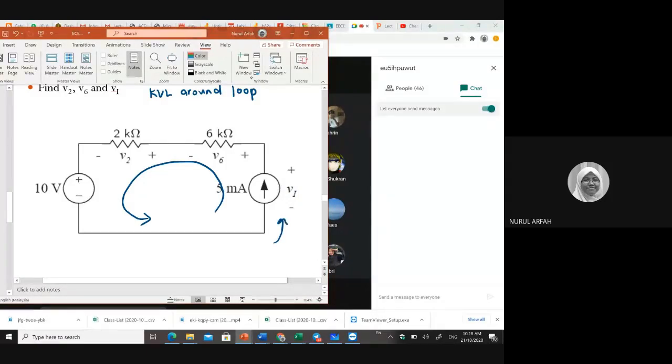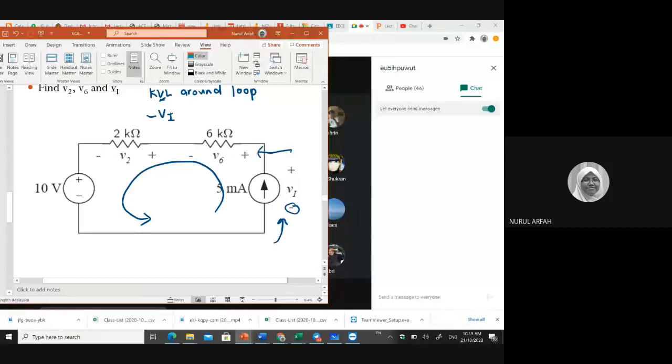So if you start from this V1, what do you observe? Current entering a current source here. What polarity do you see first? Negative. Negative V1.